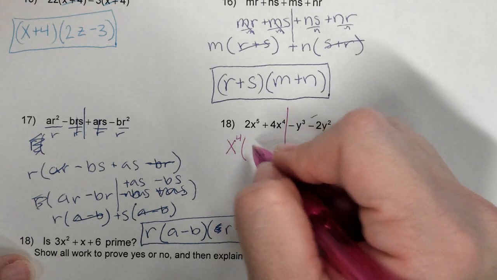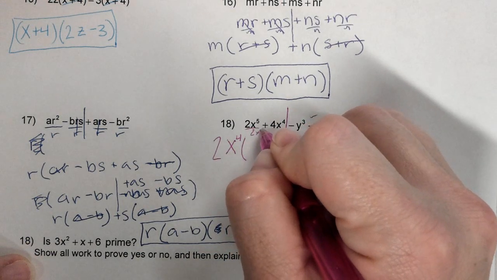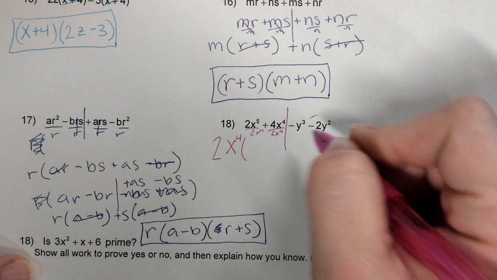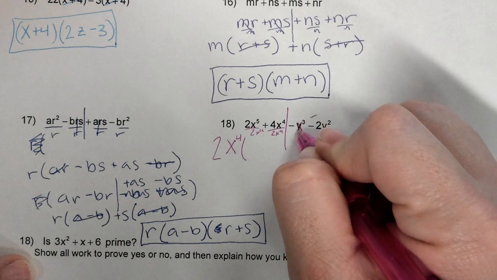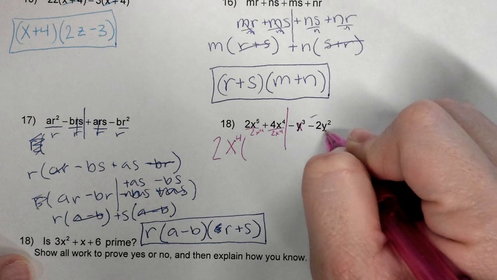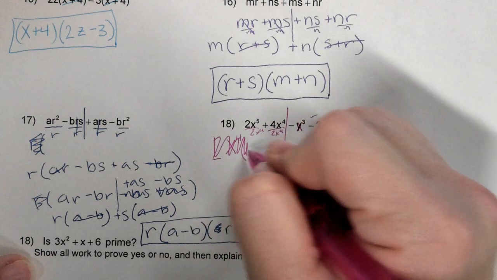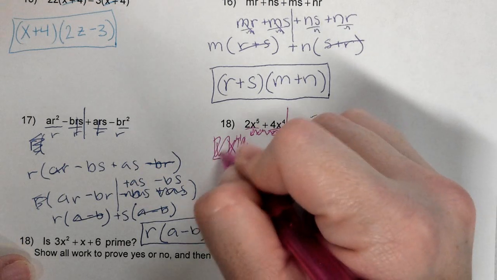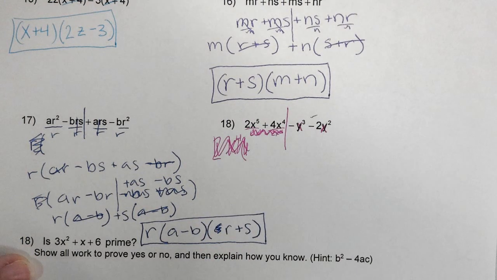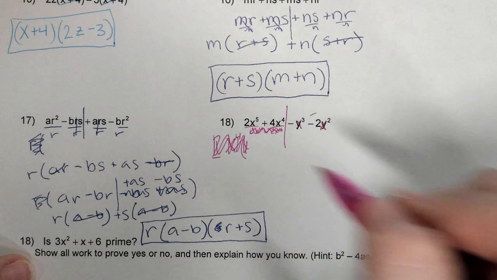I don't know who made this problem. Anyways, we have 2x to the 4th, 2x to the 4th, 2x to the 4th. I think these are all supposed to be x's. I don't know. We're going to make these all x's because being different letters, it's not going to work. So look, they're all x's. You didn't even know. Okay, so we're going to take out x squared because that's a GCF of the whole thing.